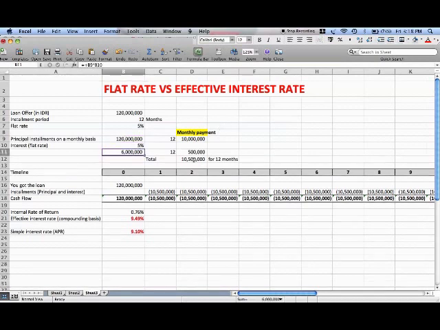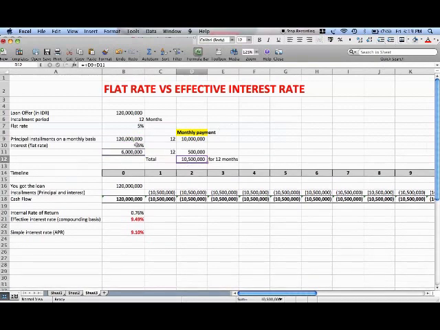So you can see that this 5% is calculated on the principal of 120 million rupiah. It's assumed implicitly that the interest you have to pay is applied to a principal that is outstanding for the whole loan period.